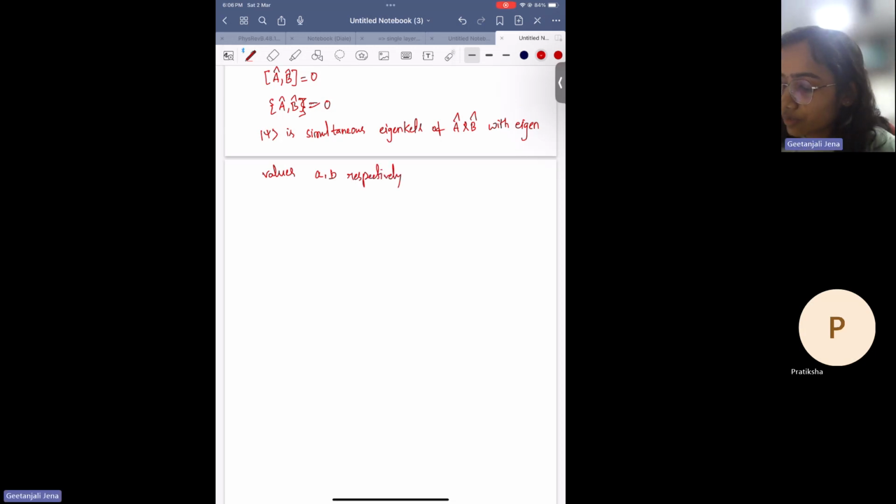This means that if you apply A on psi, you will get the eigenvalue a with the same eigenket, and if you apply the operator B on psi, you will get the eigenvalue b with the same eigenket.